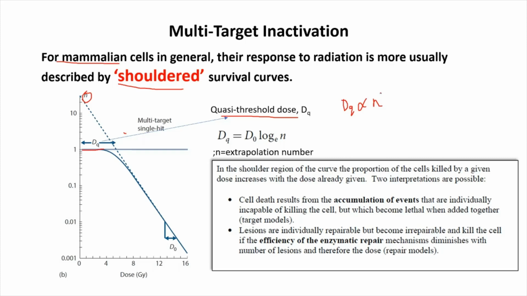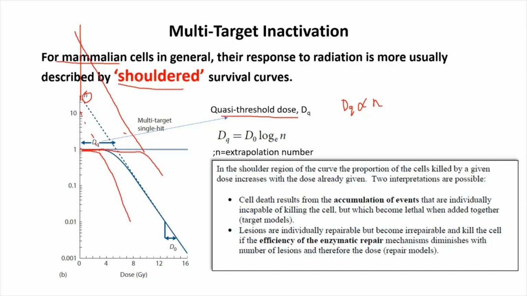If n is small, Dq will be small. For example, when Dq is quite larger, then n is like this. When Dq is smaller, then n will be somewhere like this. So Dq depends on n, and n over here is the extrapolation number. Fine.